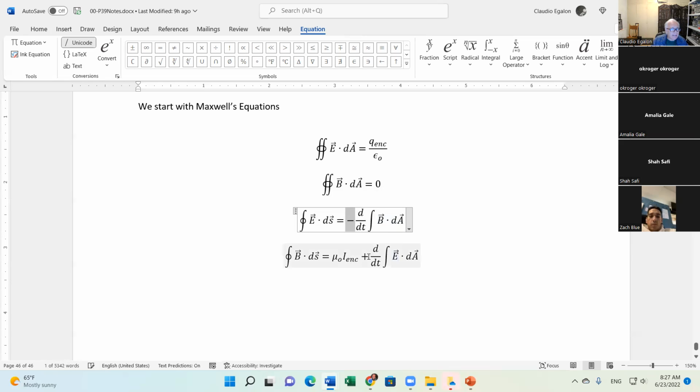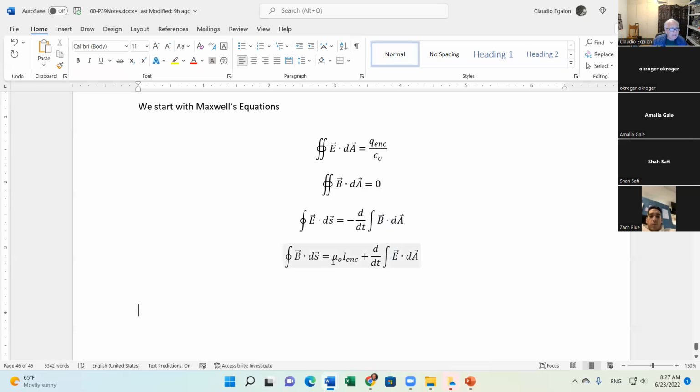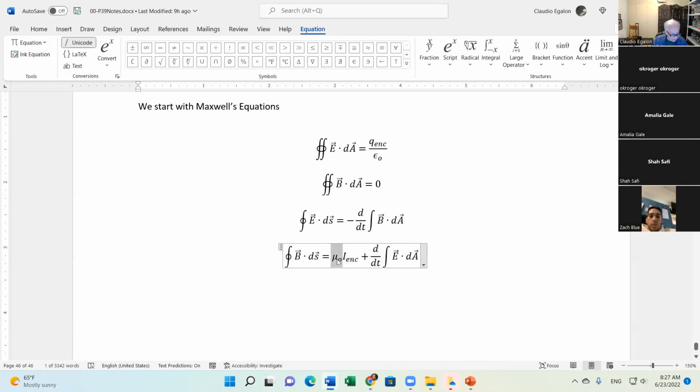Instead of a negative sign, we're going to have a positive sign. And to ensure that everything is in the proper dimension, we have to multiply by this constant, mu naught epsilon naught. Those are the 4 equations of the electromagnetic field.